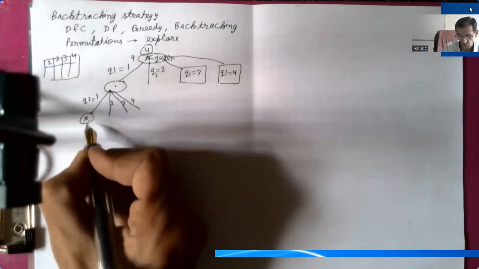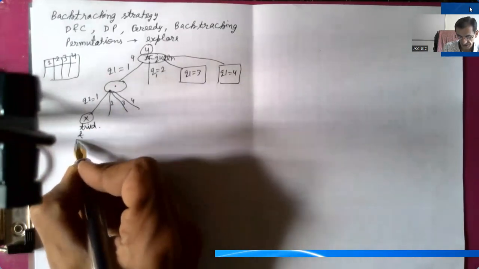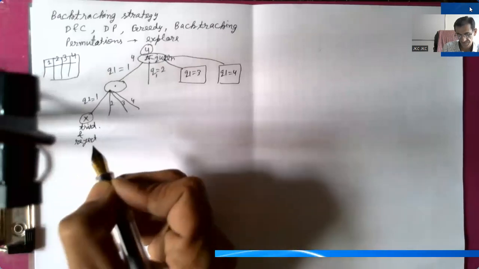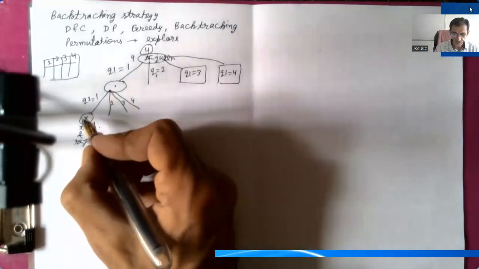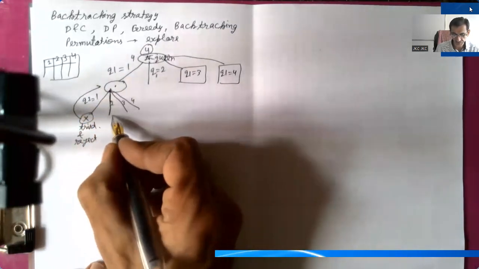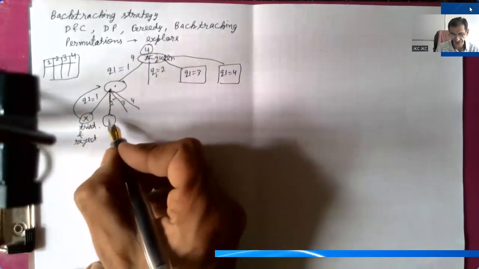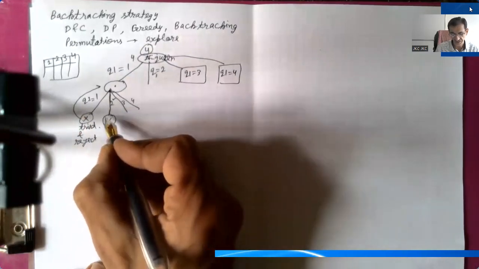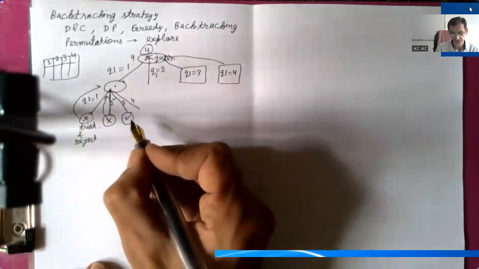I tried this and then I said reject, because it is going to attack. I will backtrack and go to the second option. Can I place the second queen at the second place? Again rejected. Backtrack. Try the third place, accepted.